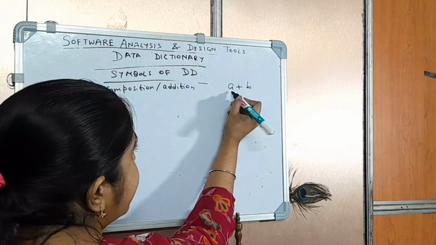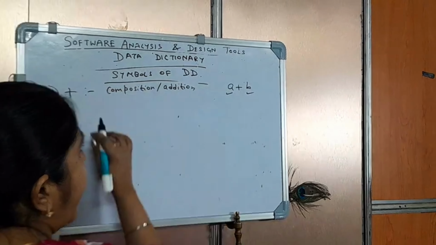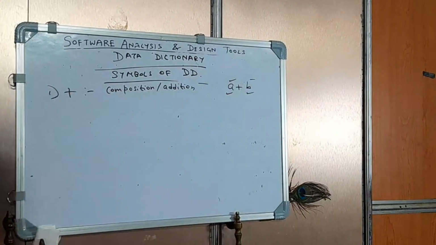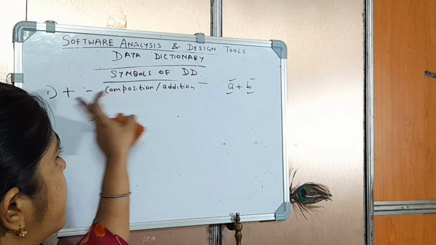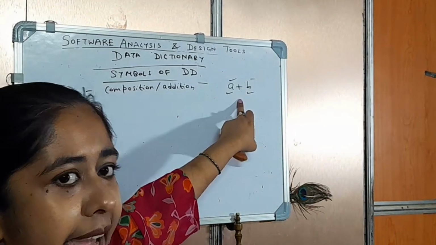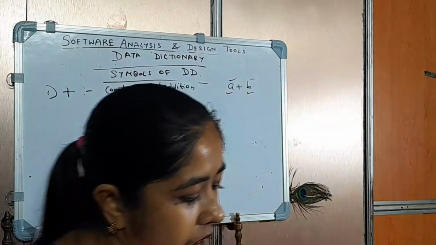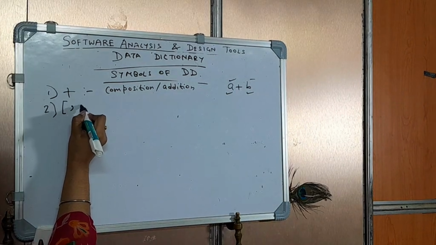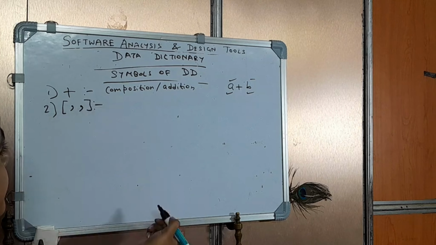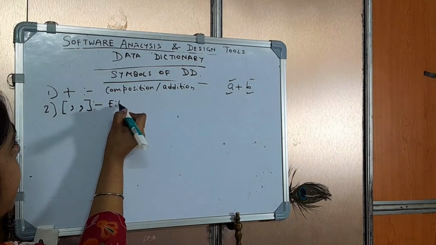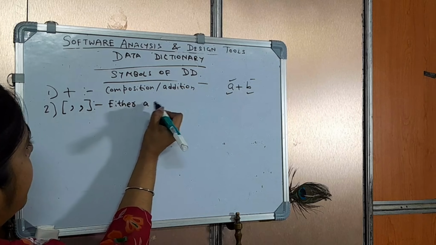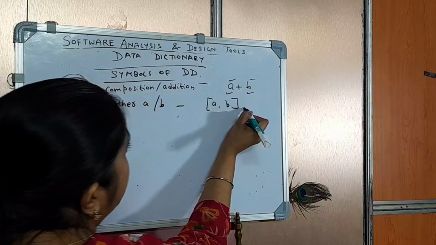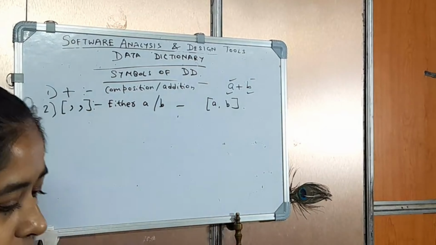If I am adding the data of A and B, I am adding the data of A as well as B. So this sign is used to show the addition or composition of two data. Now the second one is two comma signs. This is either A or B. So this is shown like this: A or B. Either this one or that one.